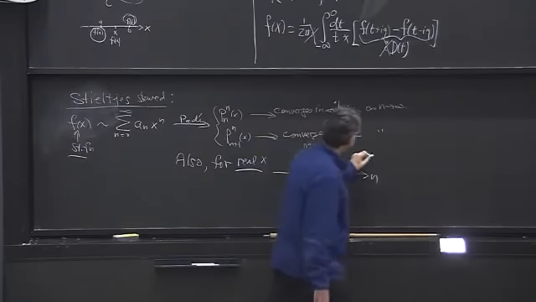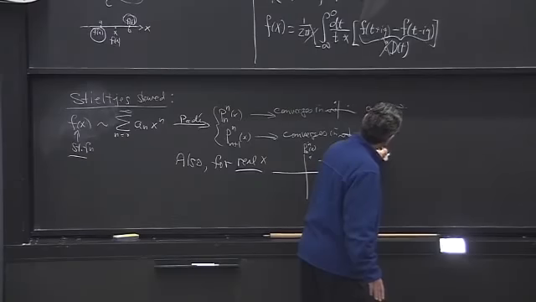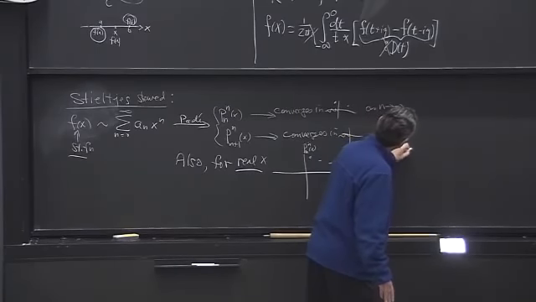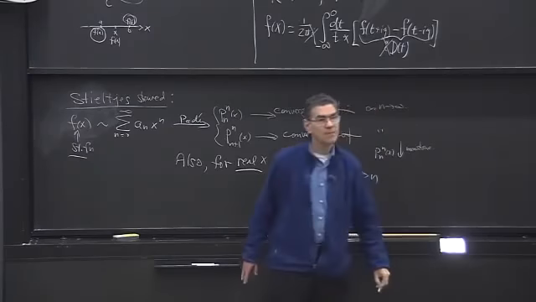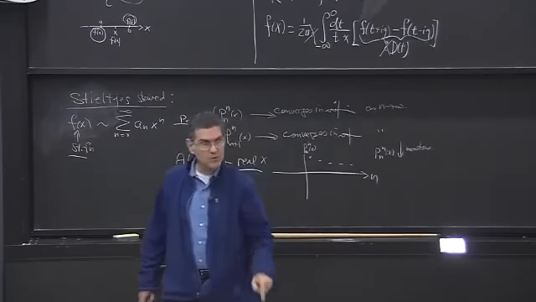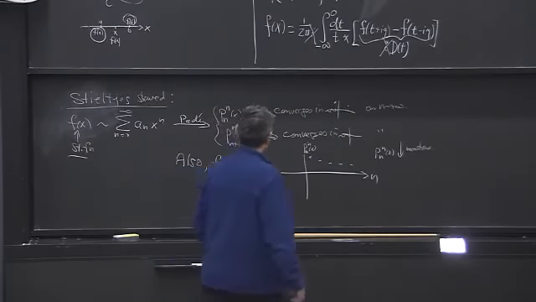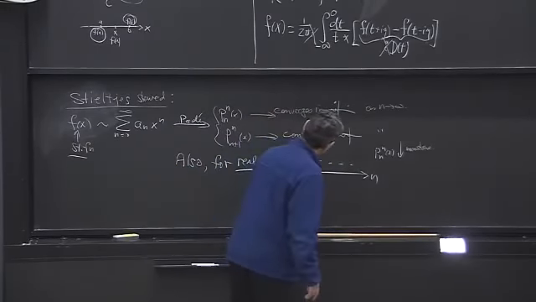So this sequence, P_nn of x, converges monotone downward. It's a monotone decreasing sequence. And P_n,n+1 converges as a monotone increasing sequence.